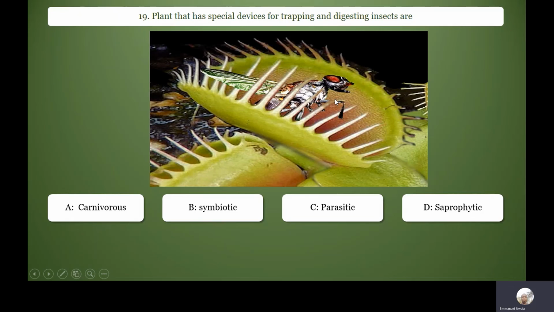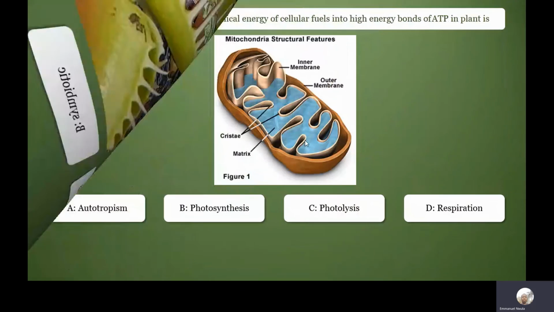It can trap insects or even larger animals, and then it secretes enzymes onto them to digest the animal, the insect, and then it absorbs the nutrients. So they feed on flesh, they are carnivorous. The Venus flytrap, the pitcher plants, they are carnivorous. So number 19 is A.